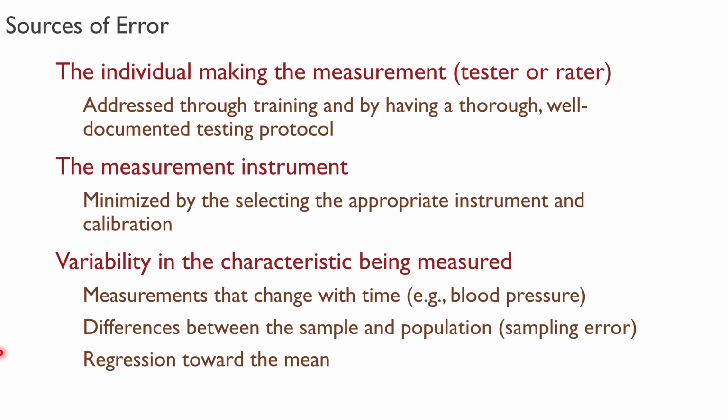But you need to understand something about how accurate those measurements are. And then there are some measurements that just change naturally with time. So these might not necessarily be errors, but they are sources of variability that will influence your ability to detect differences if that's what you're trying to do. So you really need to know your measurement instruments.